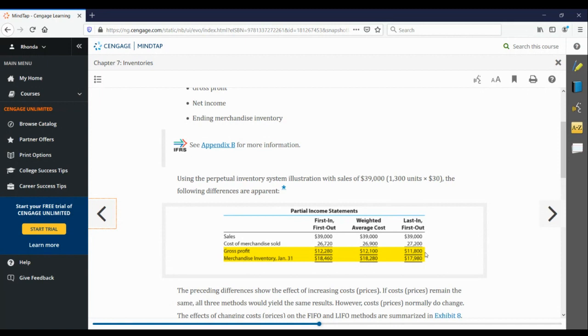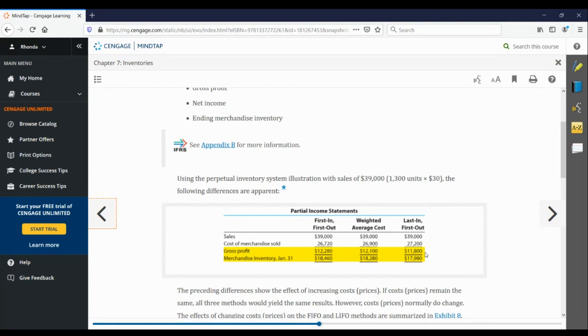A reason that management might want to show their income being a little bit lower is so that when they pay taxes on the income, they will pay less taxes. And our government allows us to do this because they think that if you have some tax savings, you'll reinvest that tax savings back into the company, and therefore the company will grow. And the larger the company is, the more the company grows, the more taxes that the company will have to pay.